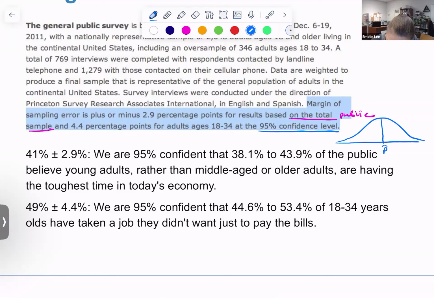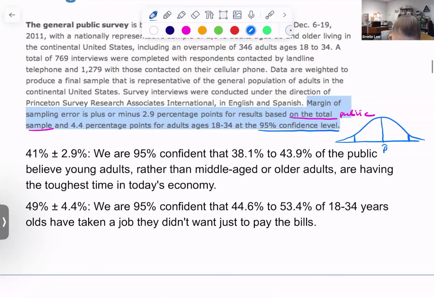And then I have this buffer here, covering the central 95%. So this distance is the margin of error, and this is the central 95%. We're going to build that out better in a second, but it is exactly going back to that 68, 95, 99.7.